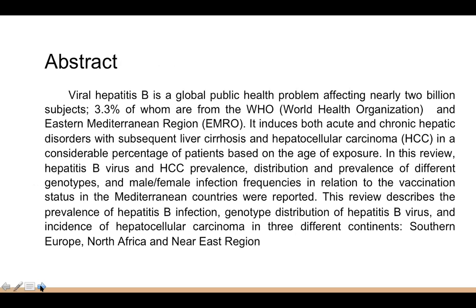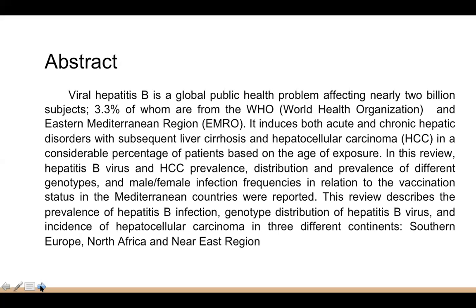It induces both acute and chronic hepatic disorders with subsequent liver cirrhosis and hepatocellular carcinoma in a considerable percentage of patients, based on the age of exposure. In this review, hepatitis B virus and hepatocellular carcinoma prevalence, distribution, and prevalence of different genotypes, and male or female infection frequencies in relation to the vaccination status in Mediterranean countries were reported.